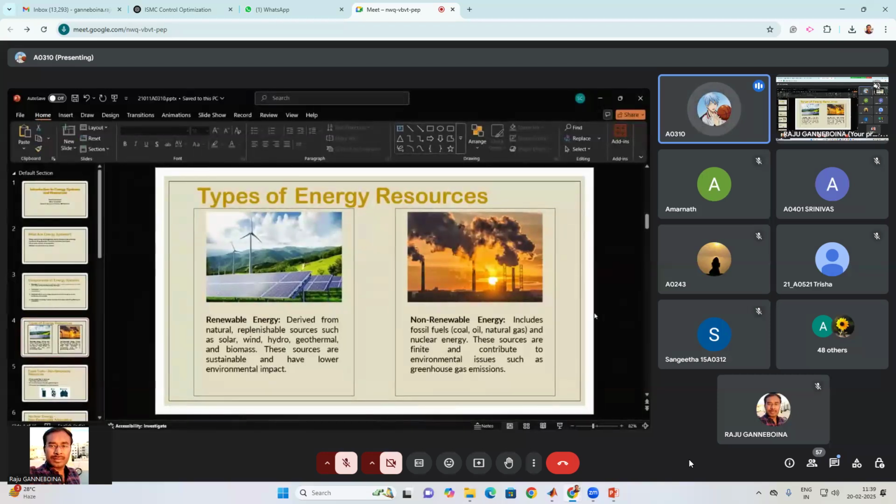So solar, wind, hydro, geothermal, and biomass are some examples of renewable energy. Coming to non-renewable energy, these are sources that deplete over a period of time. The sources are finite and they also contribute to environmental issues and pollution. Coal, oil, and natural gas are some examples of non-renewable energy.